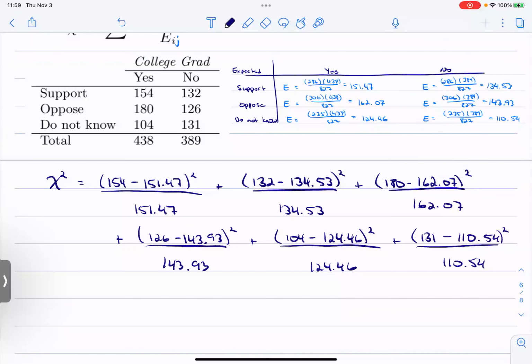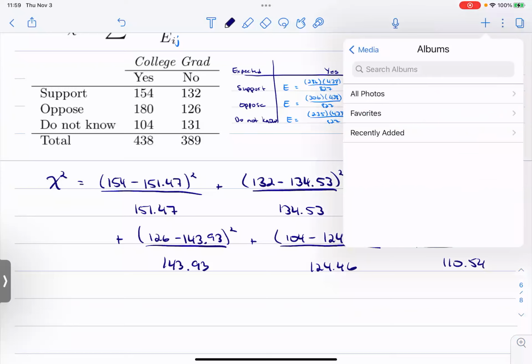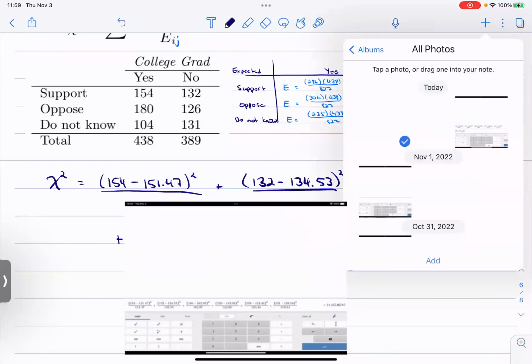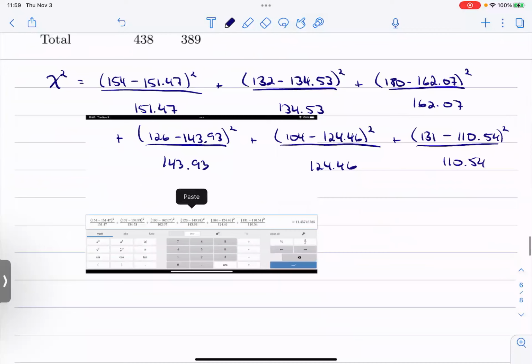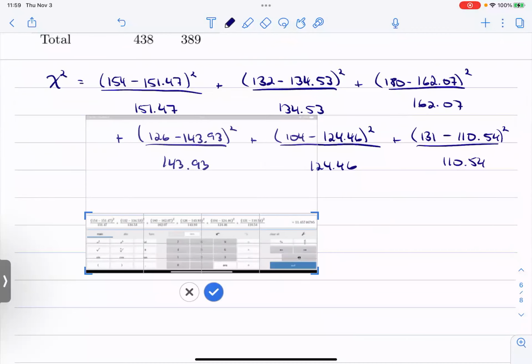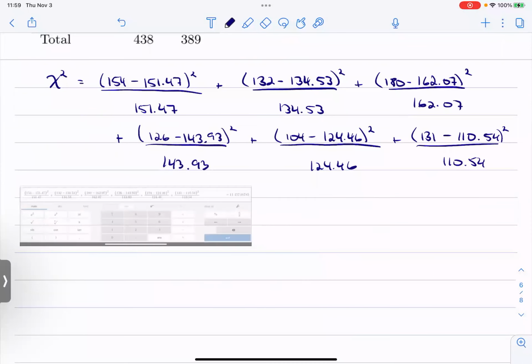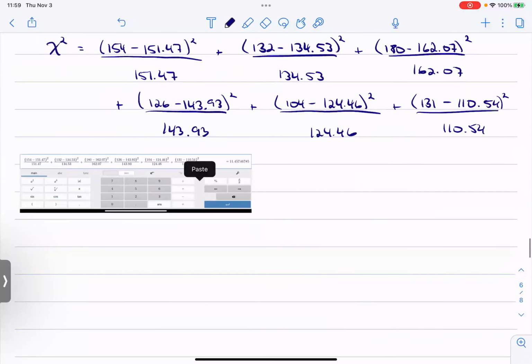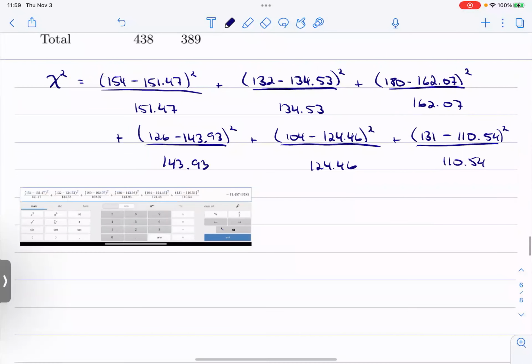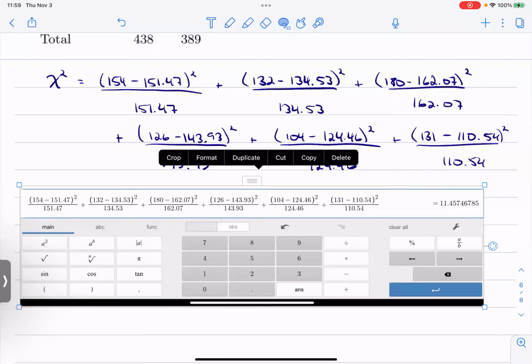Now, I have this one, I think. Let me crop this. Go bigger. There.